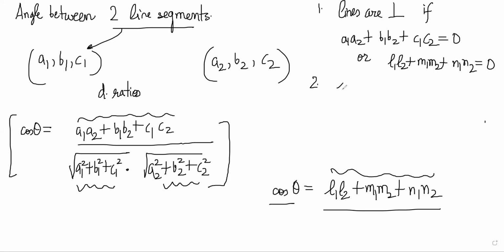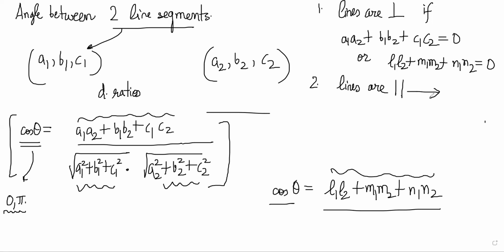If lines are parallel, in that case the angle could be what? Could be 0 or pi, something like that. Vectors could be parallel or anti-parallel, but cos theta would be 1, or -1. You can take the mod.